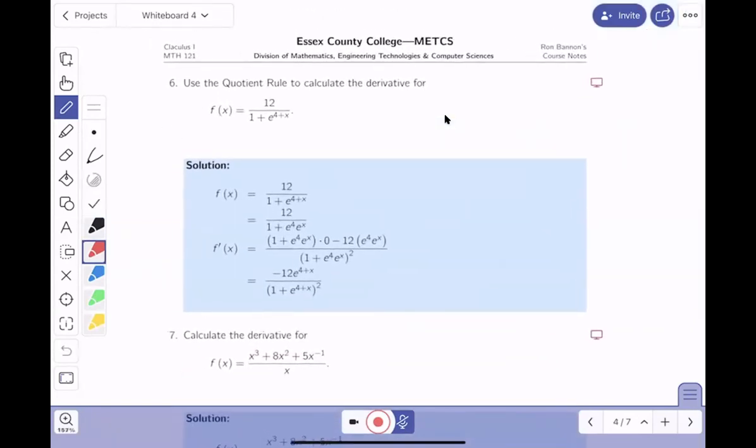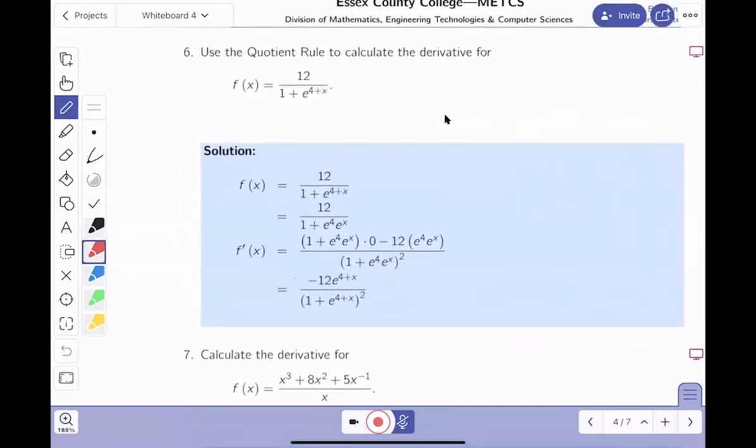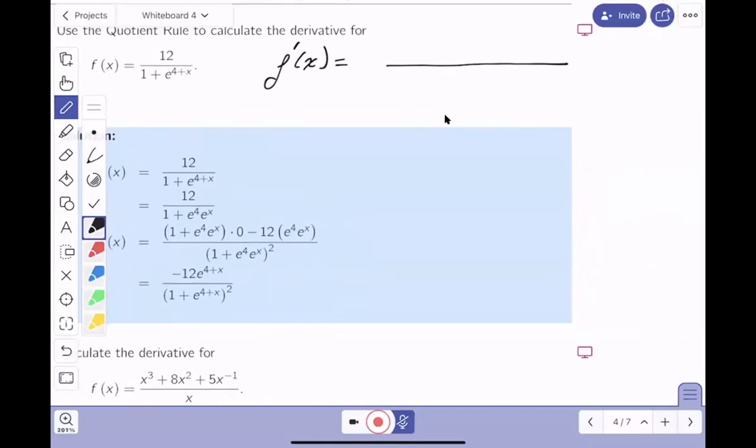And number 6, whoa. I think I can do it. All right. I'm going to write it down in steps though. So f of x, taking its derivative. I'll kind of write this down in steps here for you. Again, over time you will get faster.